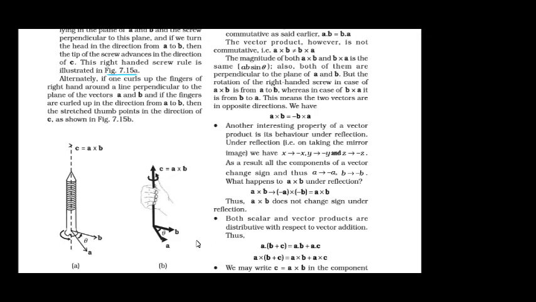So let us see this right hand screw rule. Say this is the screw, which is perpendicular to the plane of A and B. A and B are two vector quantities lying in the plane, and the angle between them is theta.